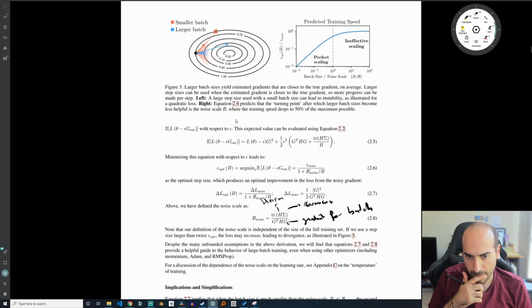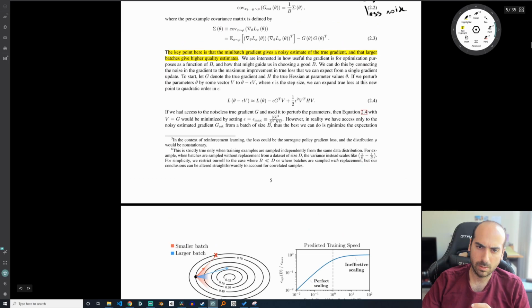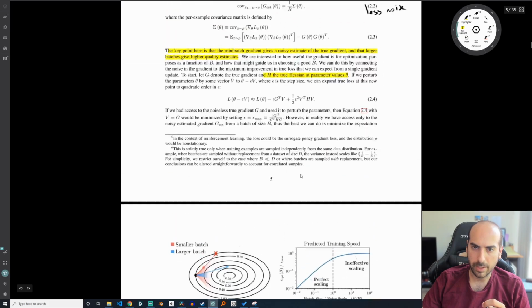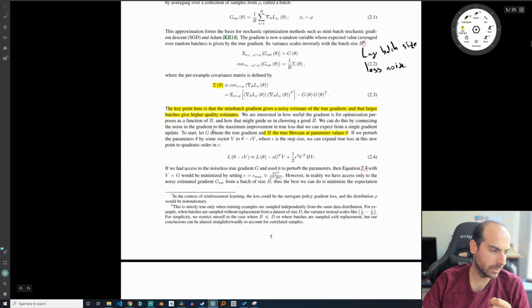So the noise associated with the batch is going to be this expression. Let's think about this expression for a bit. It's dependent on the Hessian of the parameters, and also on the covariance of all the examples at those given parameters.